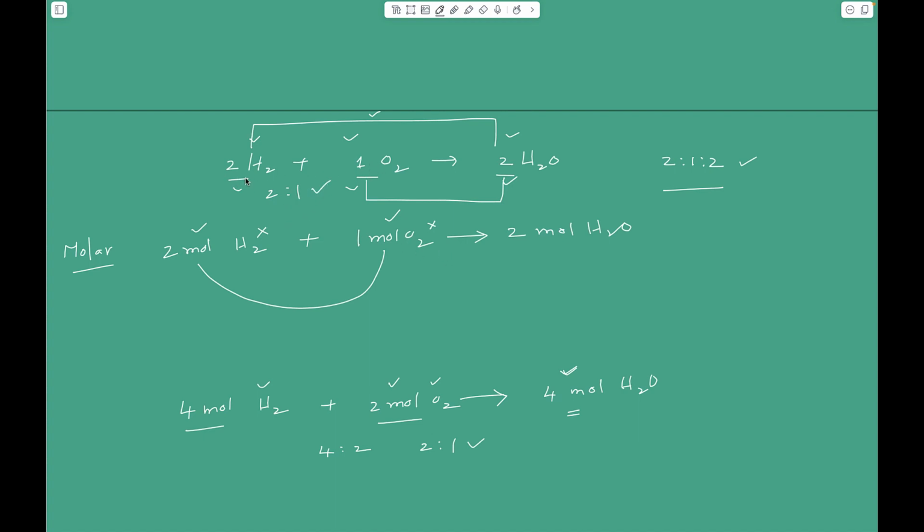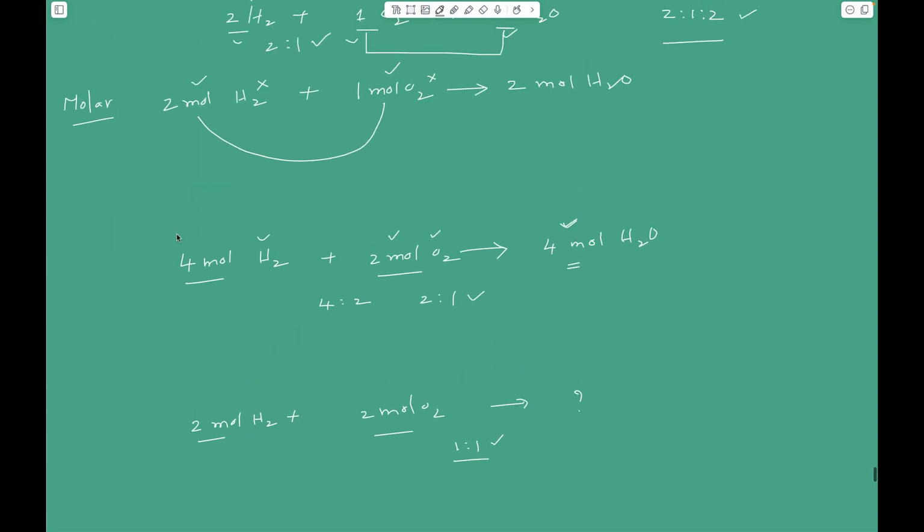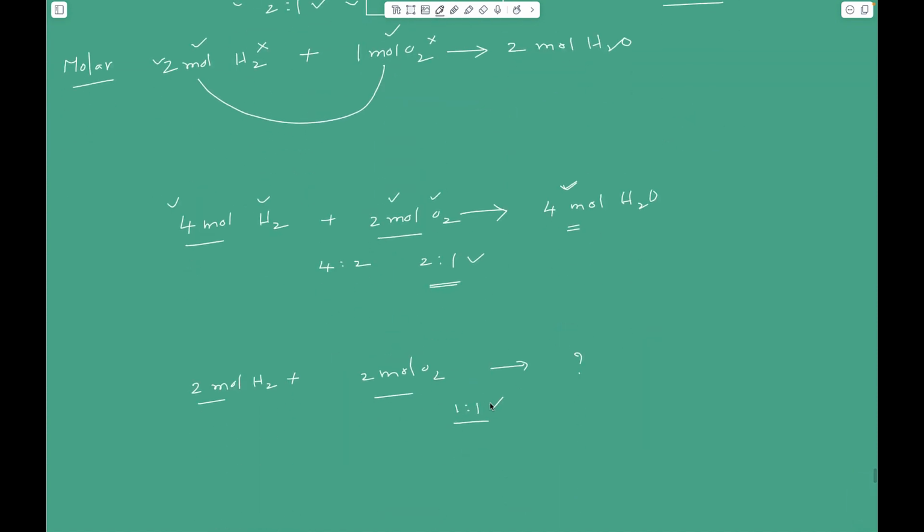The ratio between their stoichiometric coefficients is 2 to 1, but the number of moles of hydrogen and oxygen mixed in this case are in the ratio of 1 to 1. So this case is different from these two cases. In these two cases, the number of moles mixed are in the same ratio as their stoichiometric coefficients, but that is not the case here.